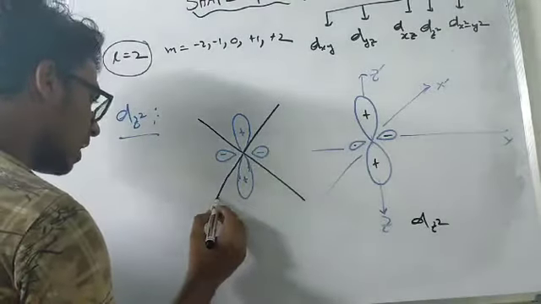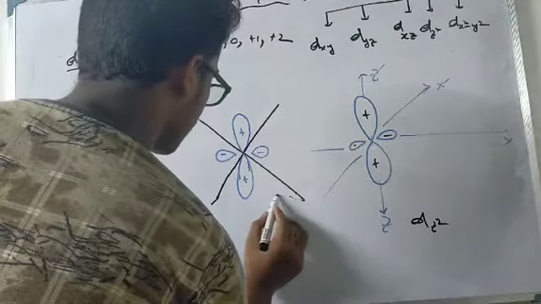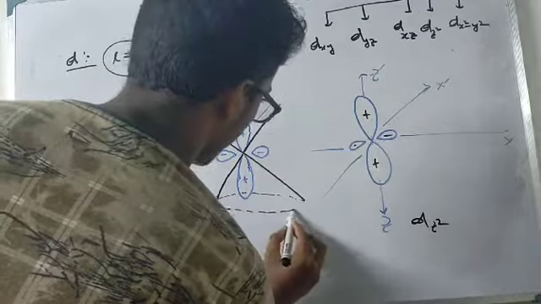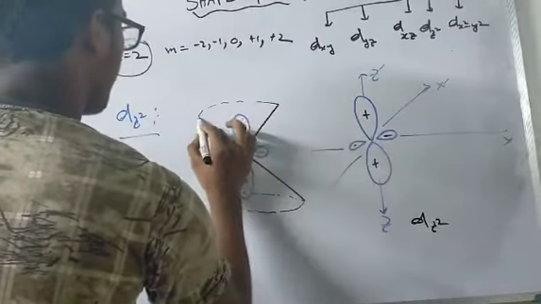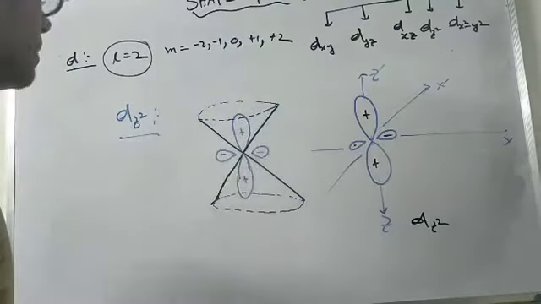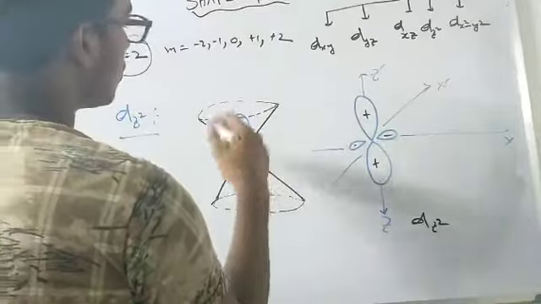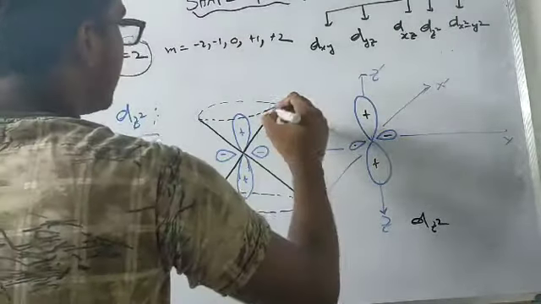Now if I draw a circle here, in case of dz square, if I connect the two nodal planes, I am getting a cone.